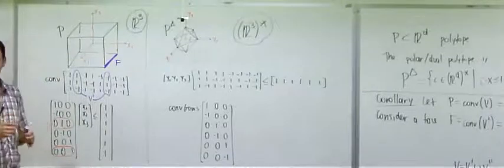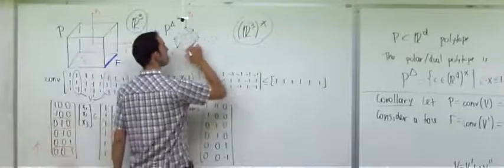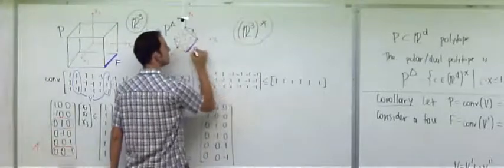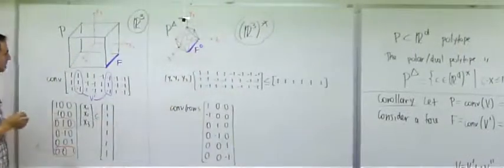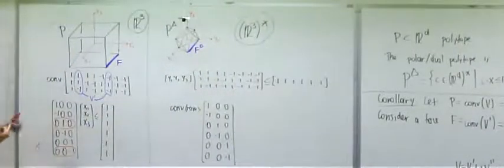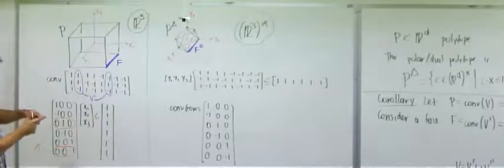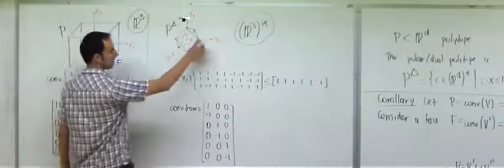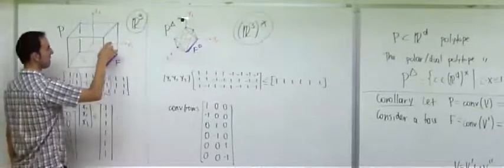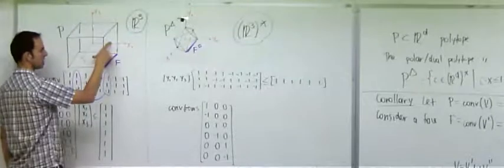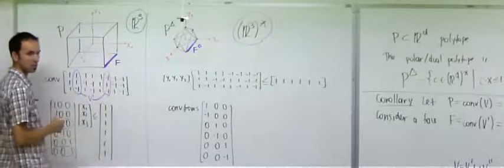If you stare at this picture long enough, you'll see that it's this one here. It's unfortunate that these things look like they're lined up, but actually they're perpendicular to each other, because if you look at where this edge would be in this picture, it would go from the center of this face to the center of this face. So it's actually perpendicular to this thing.